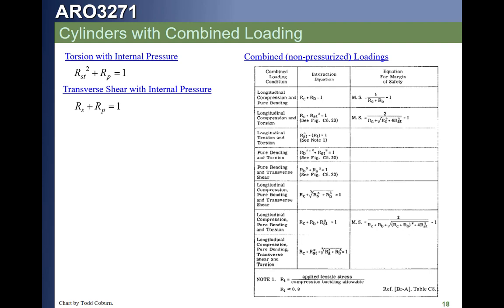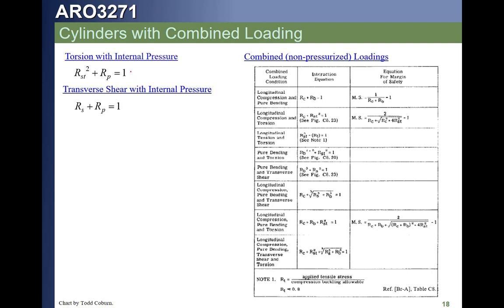If we have compression, bending, and torsion, we can use the last margin of safety equation. If we have any of these other combinations, we will need to look and read the interaction curve. If we have tension, we're going to handle it differently.